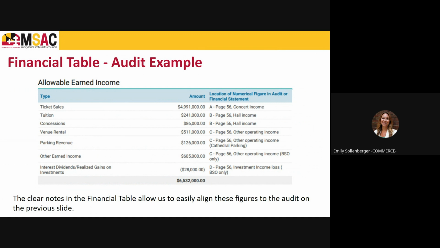So here it is in action with the earned revenue source. You can see they labeled the first line with an A, and they also provided page 56 of their audited financial statement, along with the descriptor of what that income is. So again, very clear notes really help us out a lot. Then we don't have to come back to the organization, hopefully as often, to ask further clarifying questions.